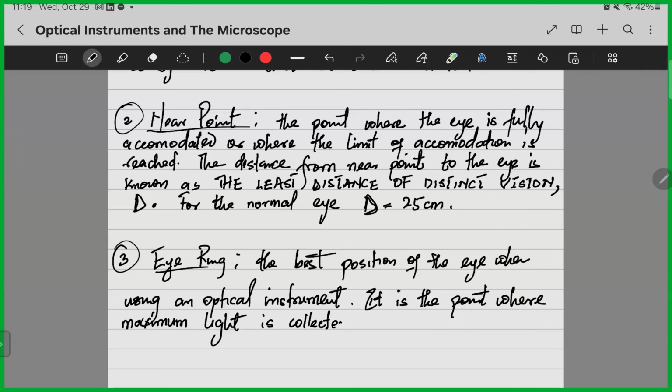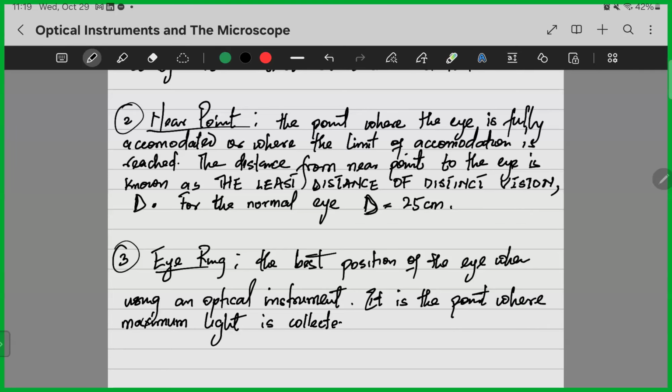There is the eyepiece and the objective. Okay, let me put it like this: the eyepiece, and objective.